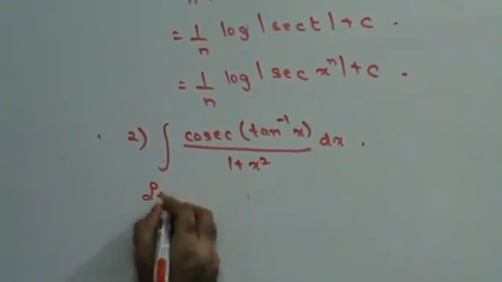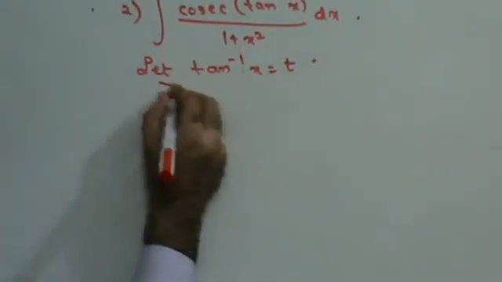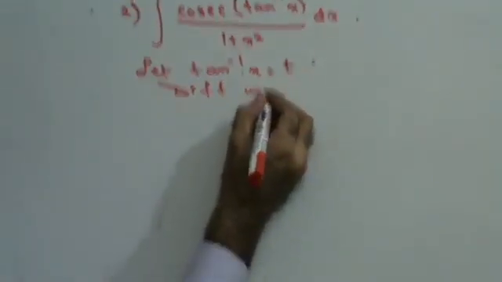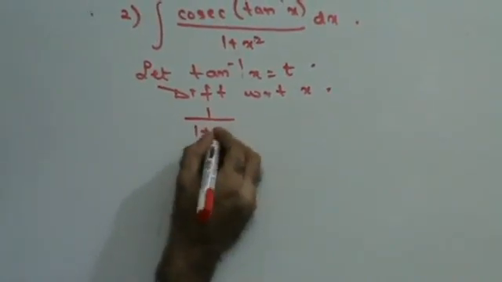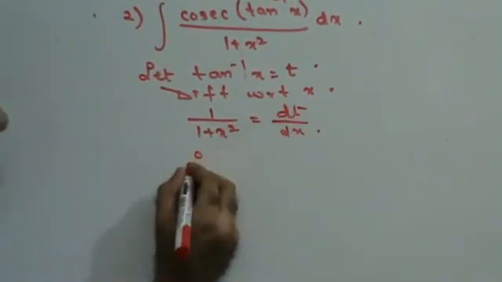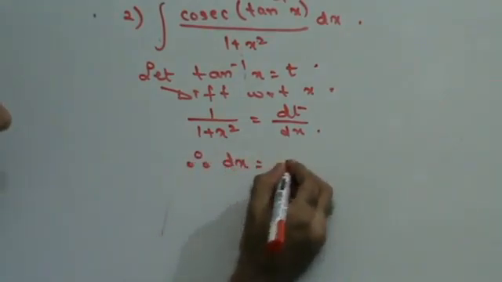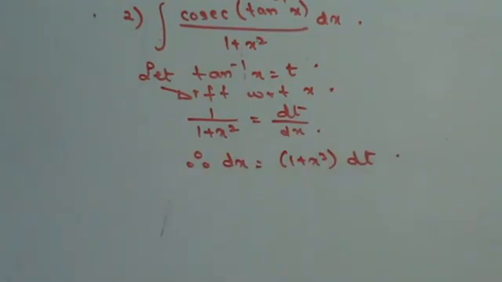You will say let tan inverse of x be equal to t. Differentiate with respect to x. d by dx of tan inverse of x is 1 upon 1 plus x square, which is equal to dt by dx. Therefore, you can say that dx is nothing but 1 plus x square dt.